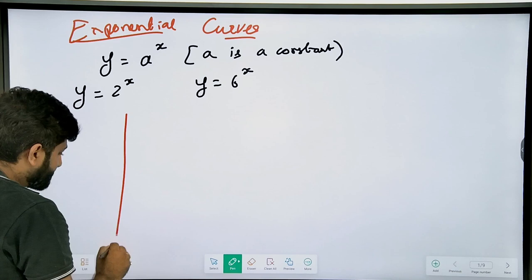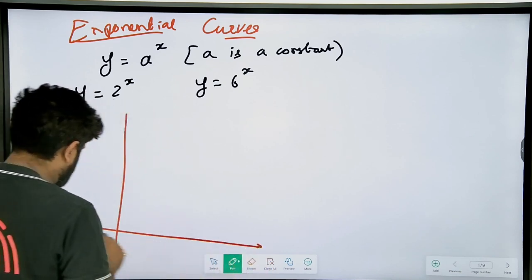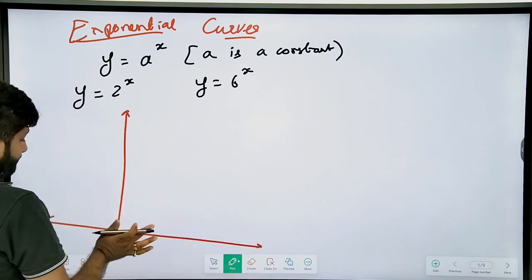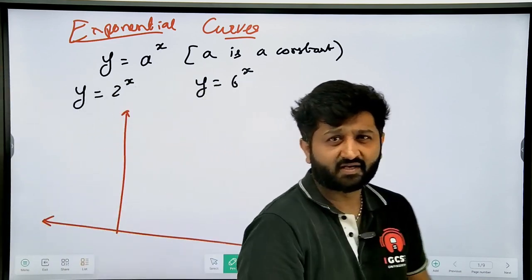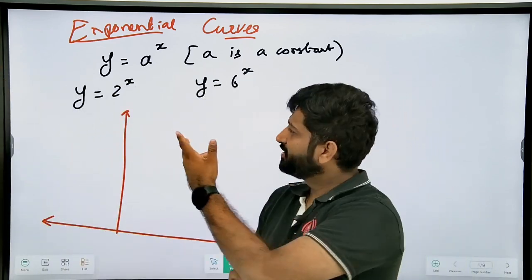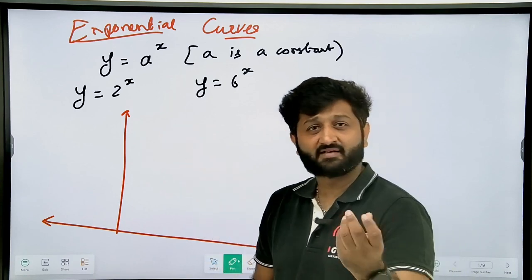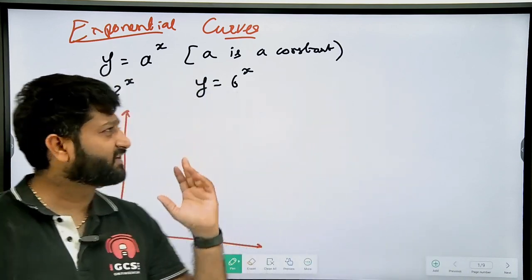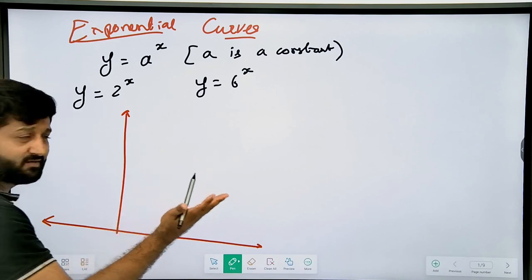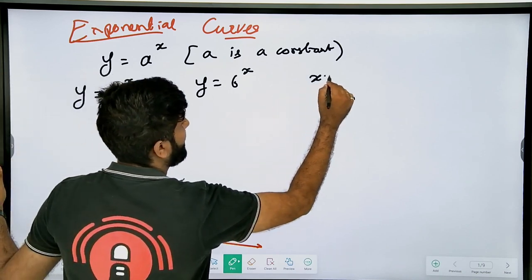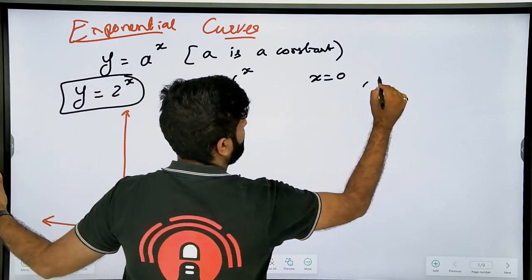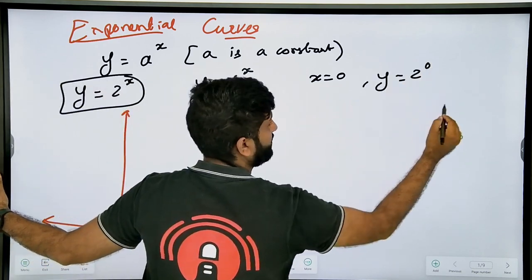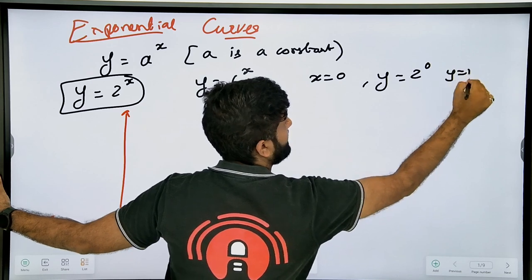Now how shall we plot this kind of graphs? For this kind of graphs, I'll use a simple way, let me plot using the table function first, or let's say even if we do not use table function, when x is 0 for this graph, y is going to be 2 raised to 0, that is y is 1.